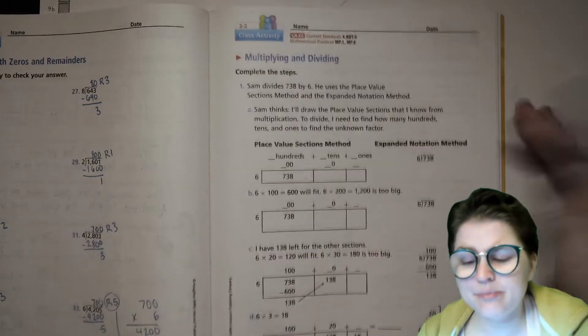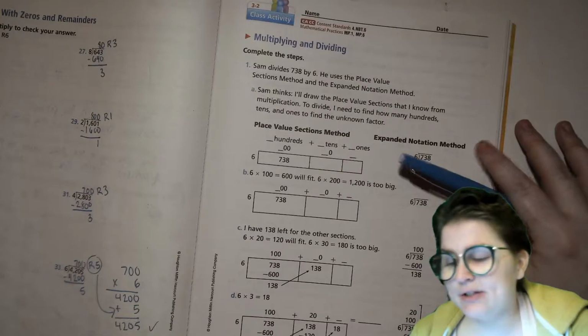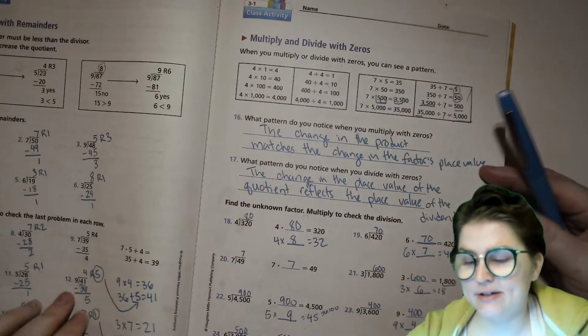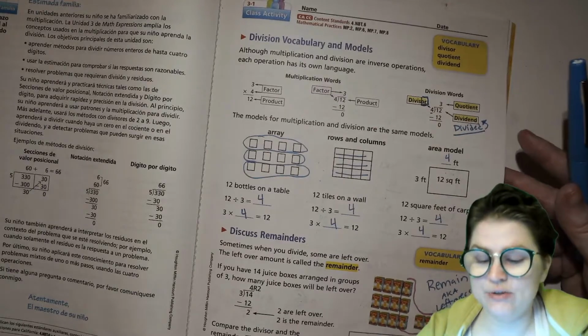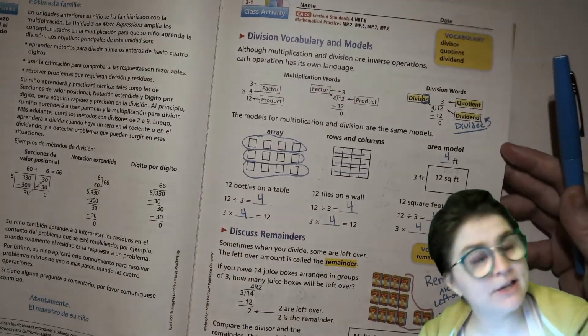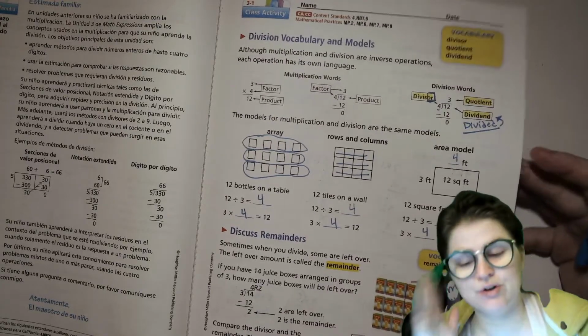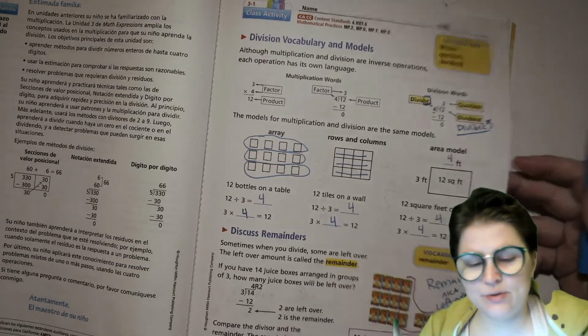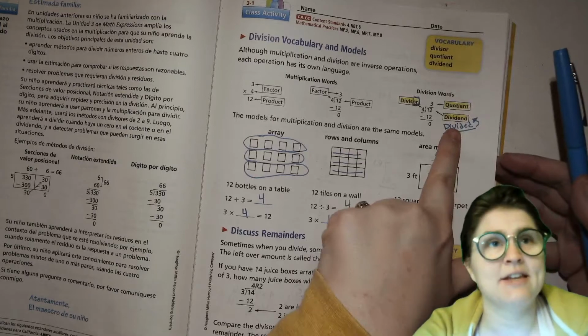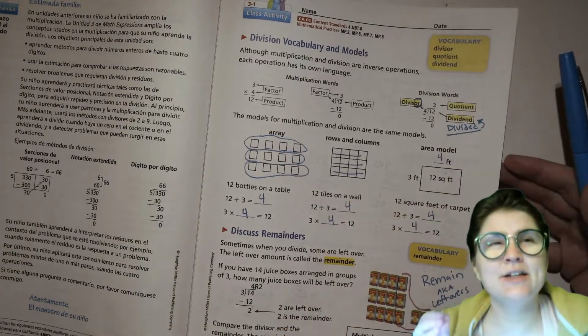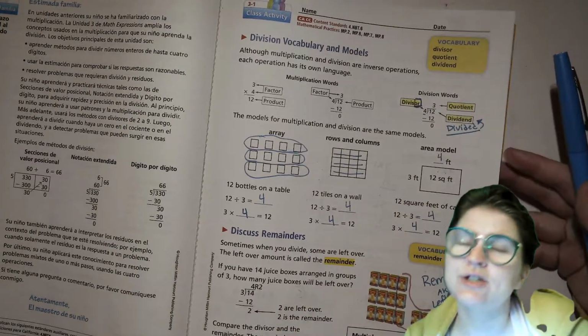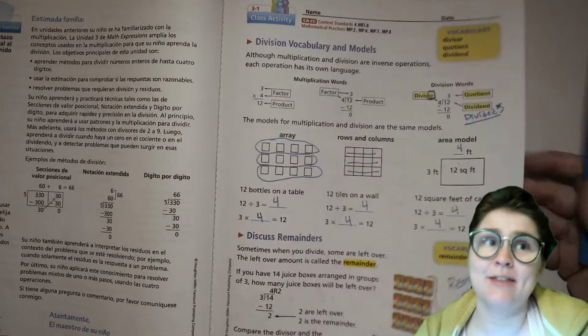Okay? So, we've been talking so far about dividing and using what we know about multiplication to help us with division. But the thing about division, if you recall, is your dividend, the number that gets divided, isn't always going to perfectly match a math fact that you have memorized.